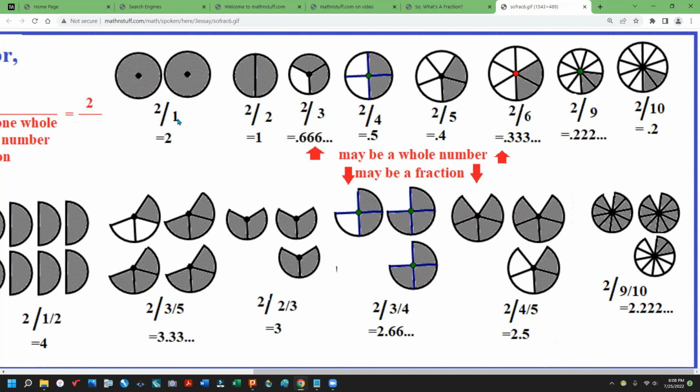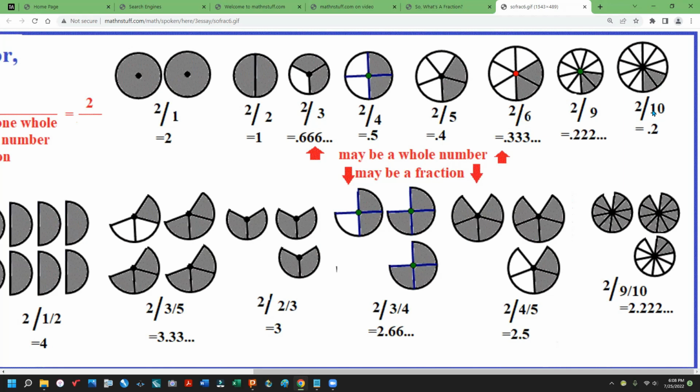Well, just a little smaller than 1 is 9/10. A little smaller than that is 4/5, 3/4, 2/3, 3/5, 1/2. Too fast, too much. Let's slow down and look at it again.